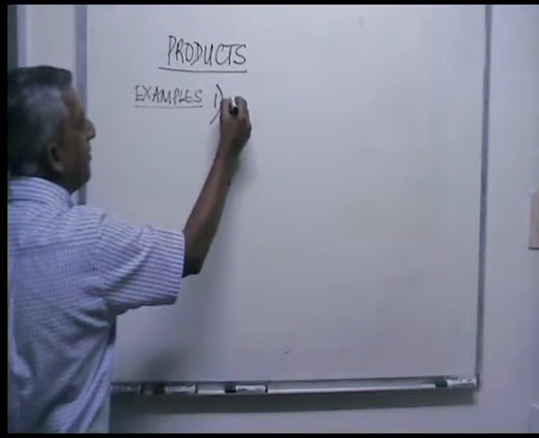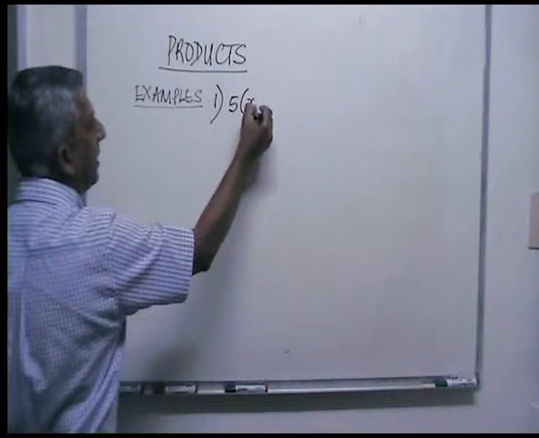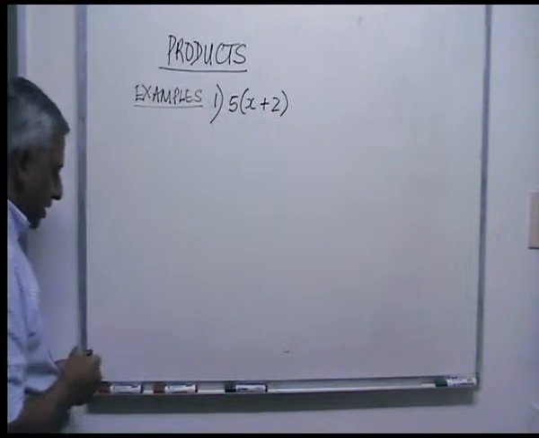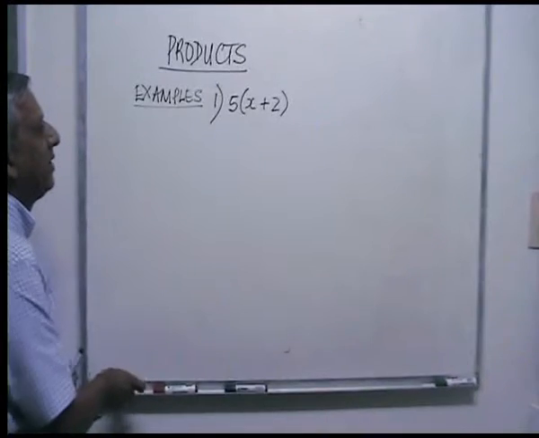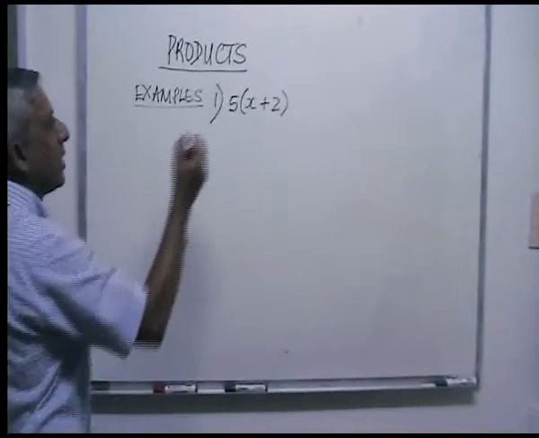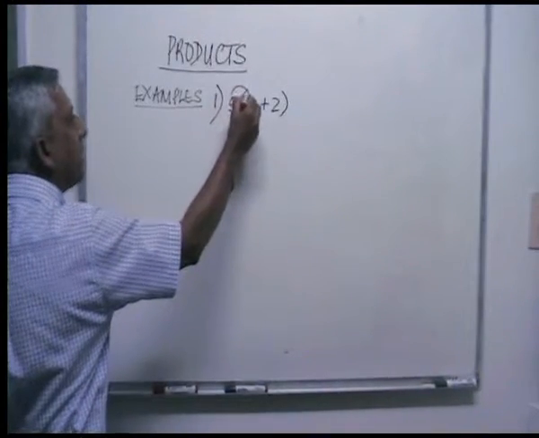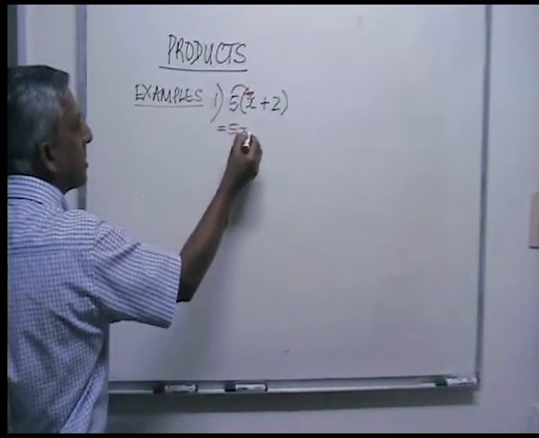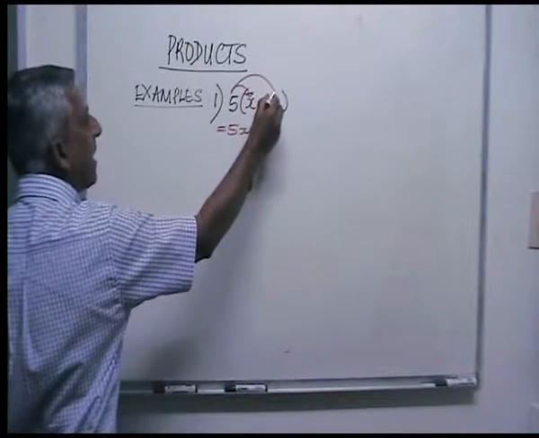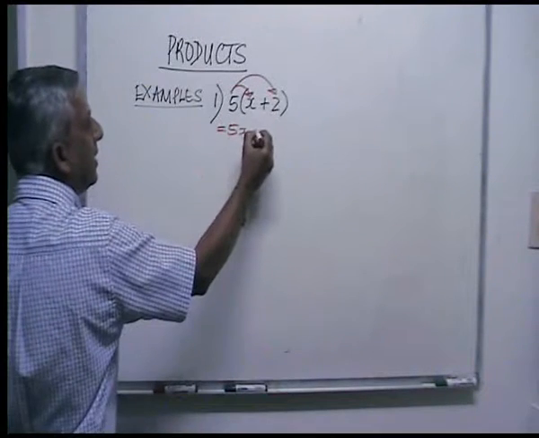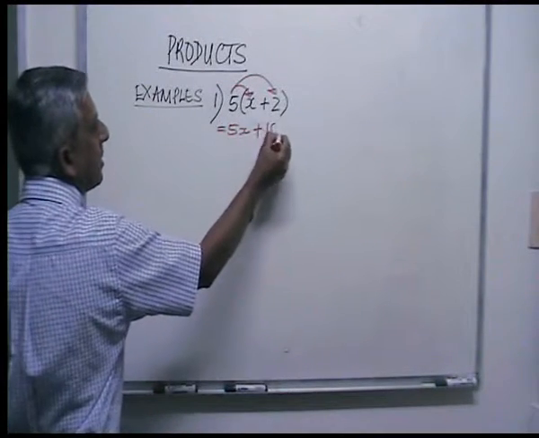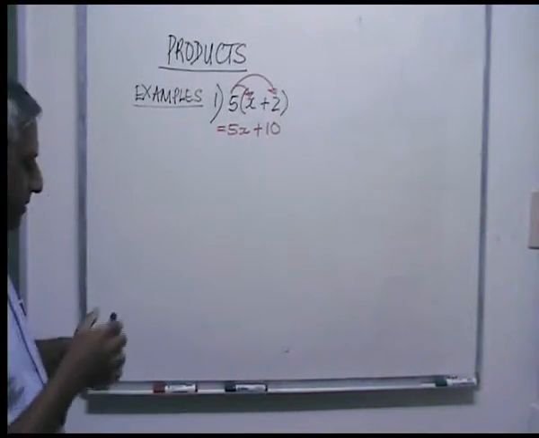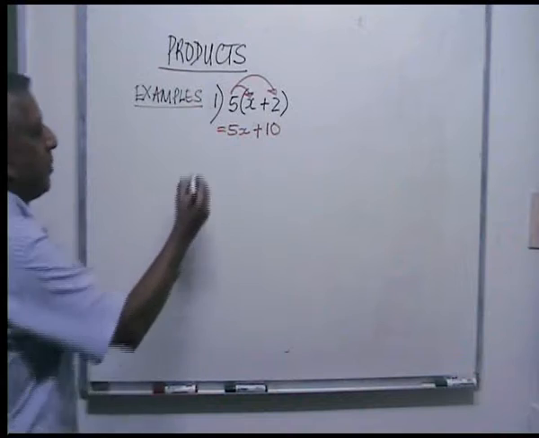I tell you 5 times x plus 2. So it's products and you're trying to multiply. So you're going to say, well, 5 times x is 5x. 5 times 2 is 10. So your product is 5x plus 10.